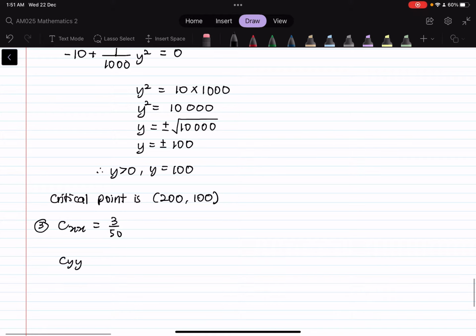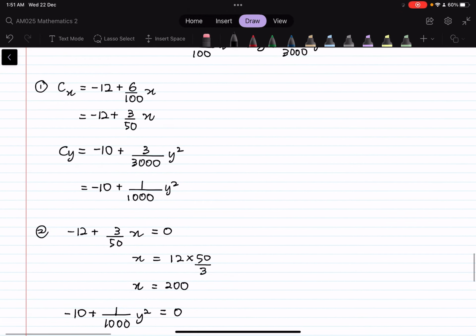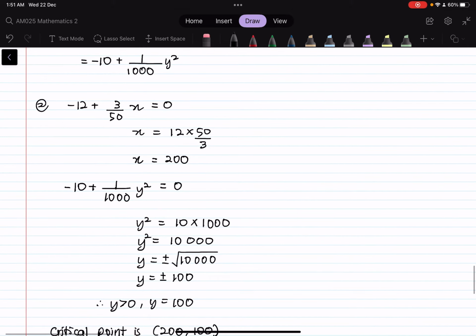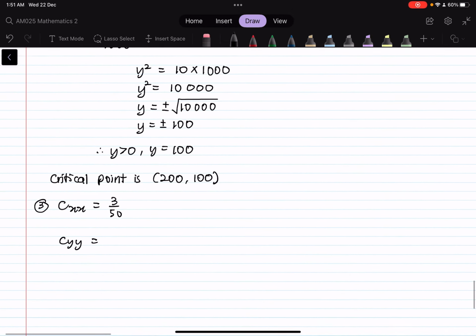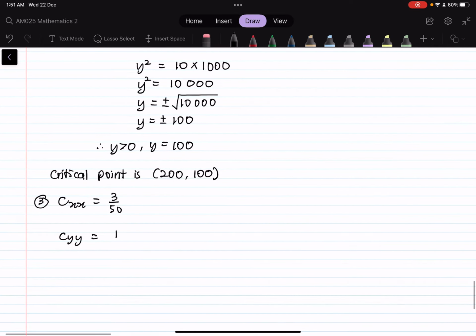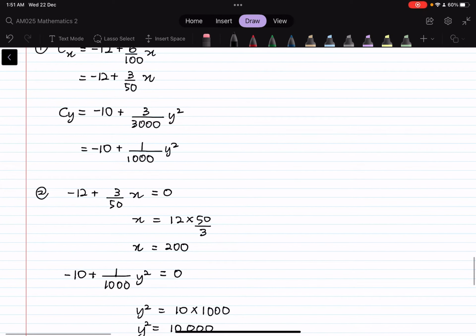C sub yy: differentiating negative 10 plus 1 over 1000 y squared gives 1 over 500y, because differentiating y squared gives 2y, and 2 divided by 1000 is 1 over 500.